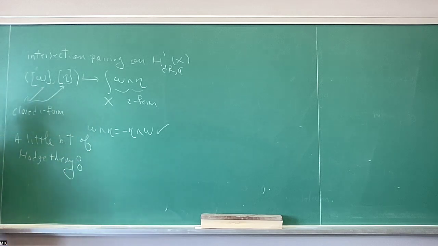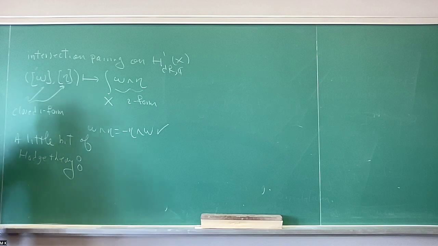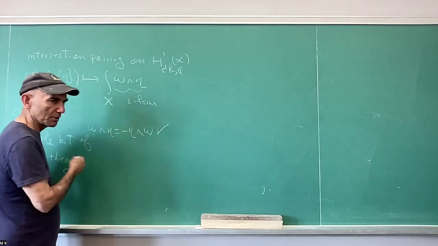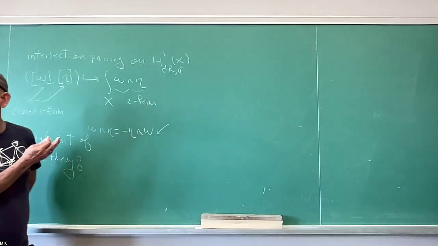So actually, I can give a general introduction for those of you who haven't seen this because it's a beautiful theory. So remember, now we need a Riemannian metric. So I'm going to work in general for n dimensions.